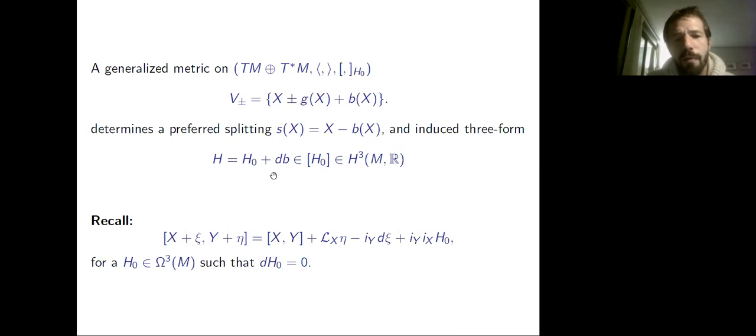And this is the preferred H in the cohomology class. Recall here that the Courant or the Dorfman bracket is given by this formula, where H0 is a prescribed element in the cohomology class determined by the fixed splitting that we are using, just the splitting sending T to T plus T star.